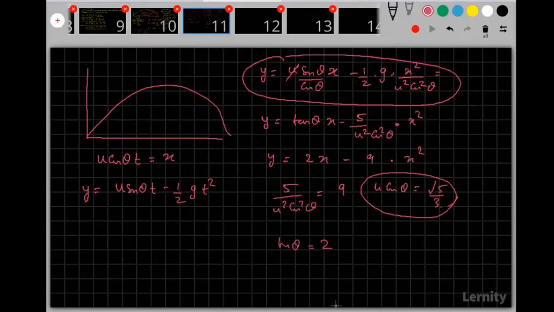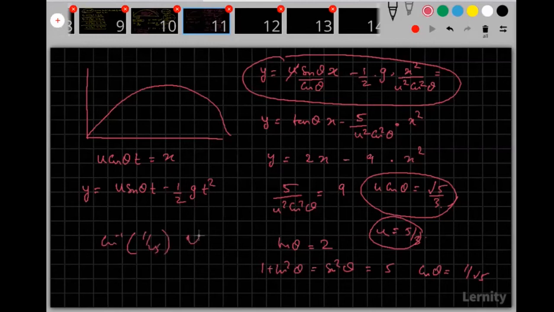So if tan theta is equal to 2, then 1 plus tan squared theta is equal to secant squared theta is equal to 5. So you have cos theta is equal to 1 by root 5. So you'll get u is equal to 5 by 3. So theta is cos inverse of 1 by root 5 and u is equal to 5 by 3 meters per second.